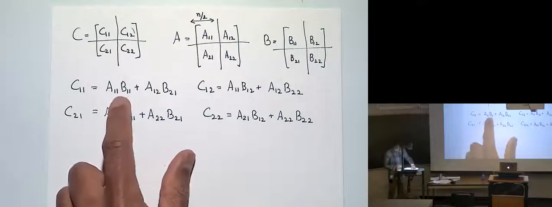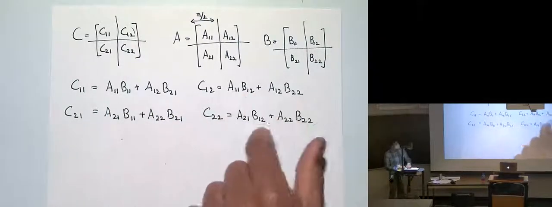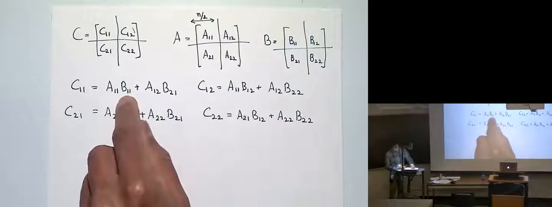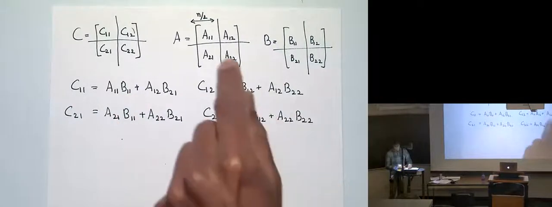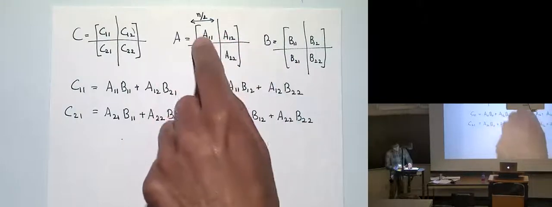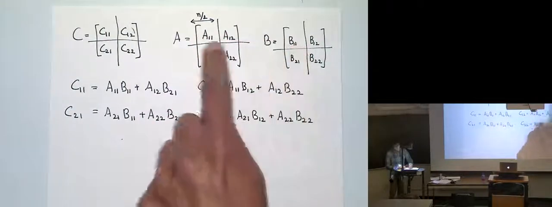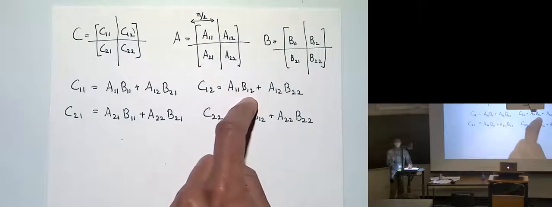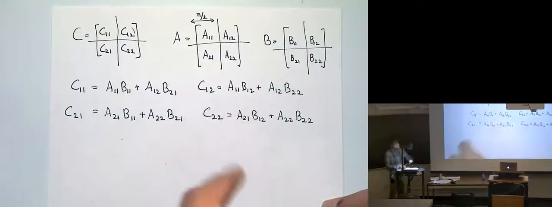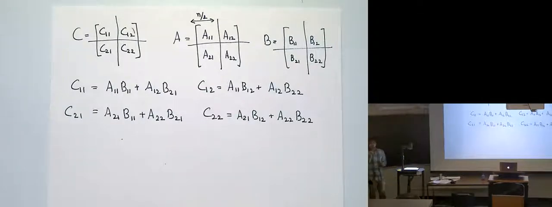Observe that these are all different. A11 B11 never appears anywhere else again. A11 gets multiplied with B11, A11 gets multiplied with B12, but nobody else. How many subproducts do you have?